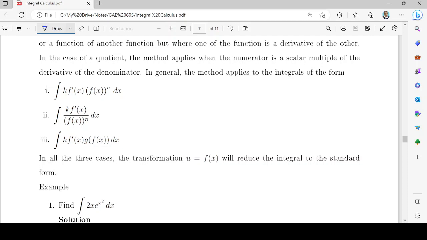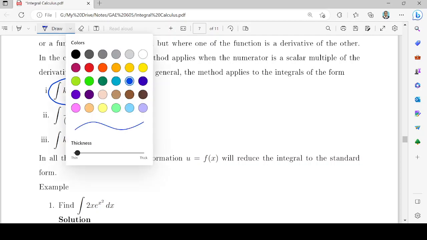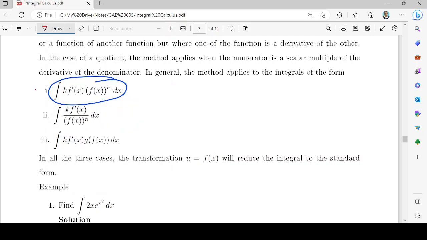So basically, if you look at the first integral, for example, if you set u equal to f of x, then we can find du by dx as f prime of x.